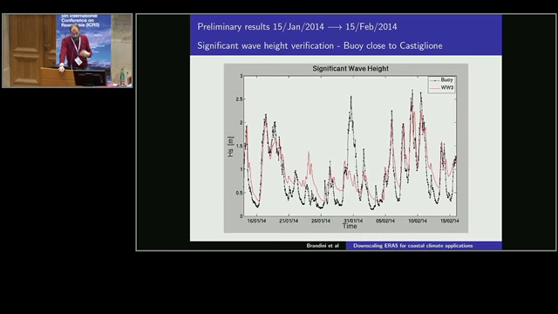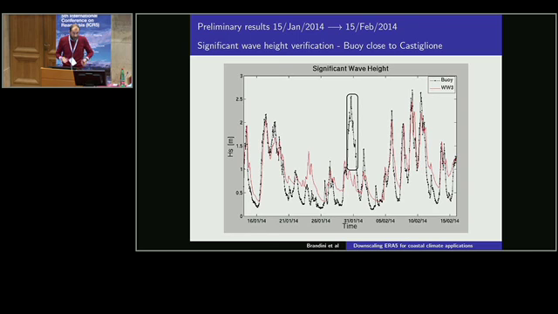This is the comparison for the third buoy. Again, some compensation errors. Here we have an overestimation, but in this particular case, we also have a pronounced underestimation.